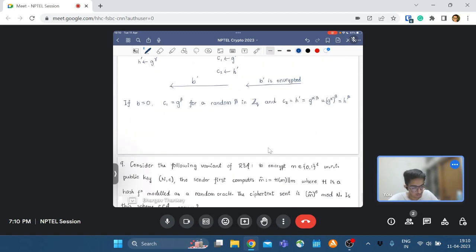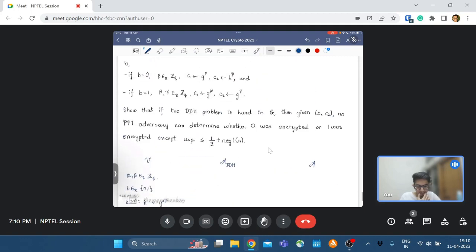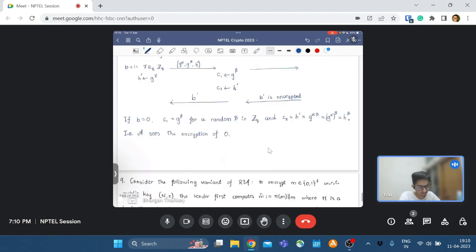So this is g to the beta, h to the beta, that is A's encryption of 0. This is how a 0 is encrypted, g to the beta, h to the beta. It's exactly that.